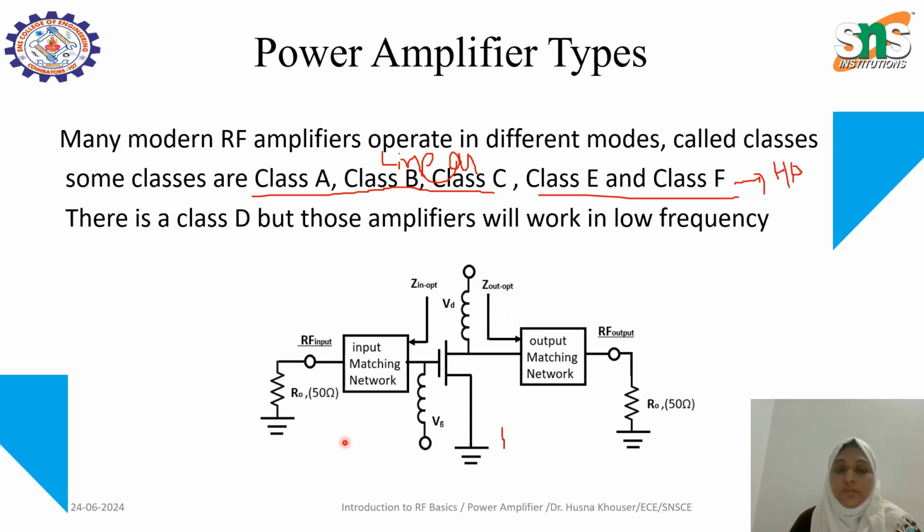Similarly we'll have the optimum input matching network, because with a direct 50 ohm the impedance of the transistor will not get matched. So there should be proper matching on the input side and the output side to get the value actually required.